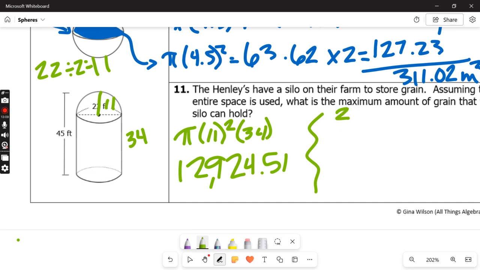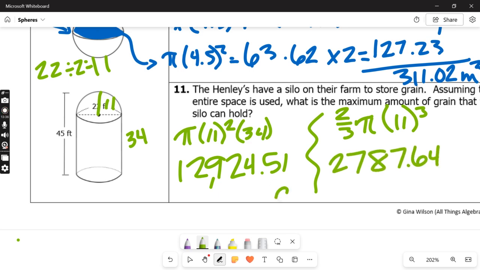The volume of the hemisphere is 2/3 pi times 11 cubed, which is 2787.64.